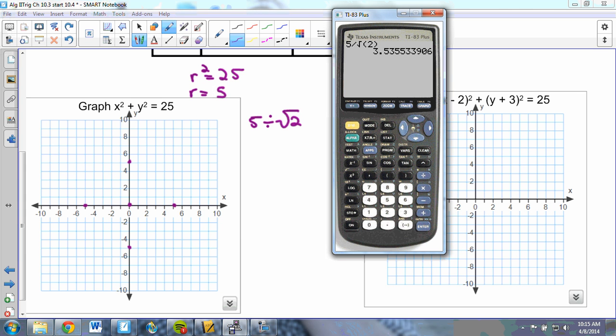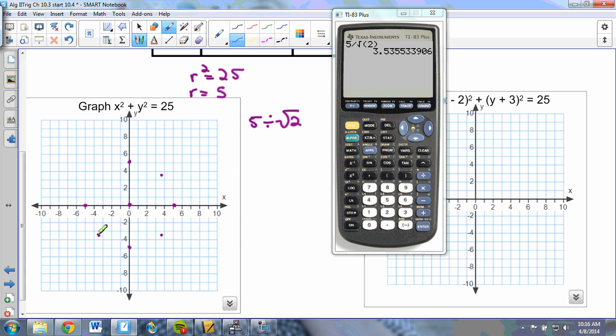If I count 3.5 diagonals, so from here I go 1, 2, 3.5, and do that in each direction, it'll give me 4 more points on my circle. Now it's going to be a little bit easier to get this to work out. Well, I did worse that time, I think. And there's my circle.